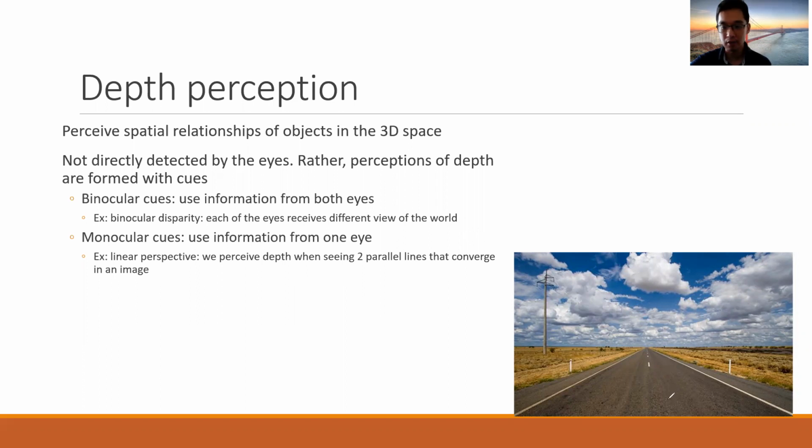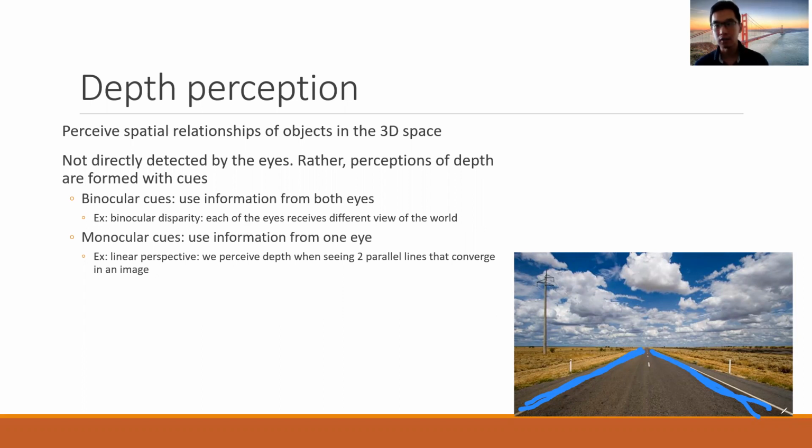When you see the picture, you know that, oh, that's a road, and that's one side of the road. This is another side of the road. The two lines here should be parallel. That's the existing knowledge that you have. You need to rely on that to tell whether the two lines are parallel.